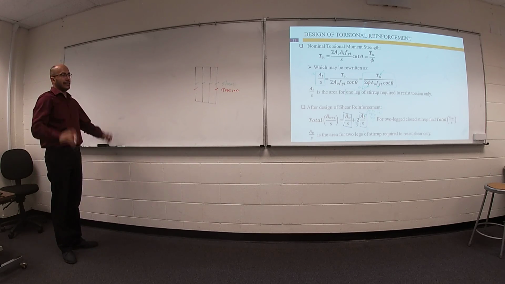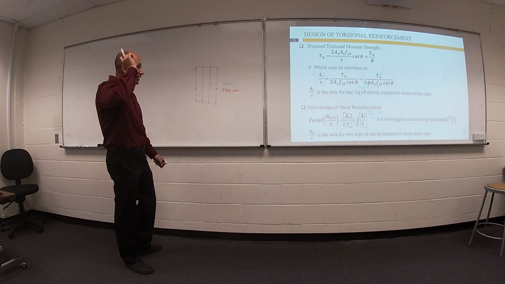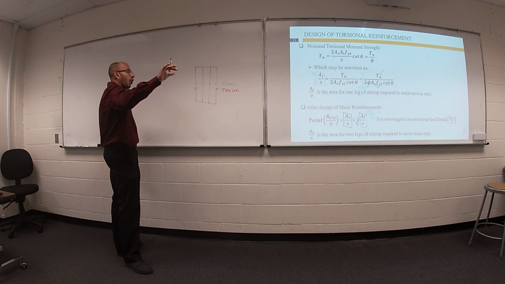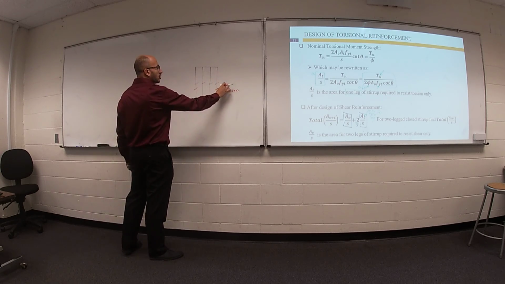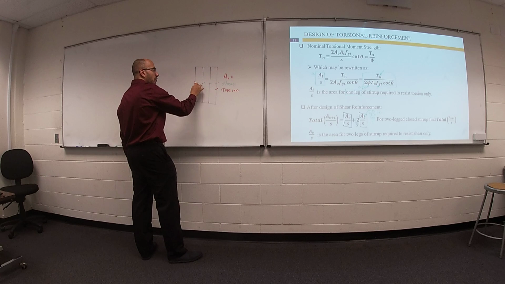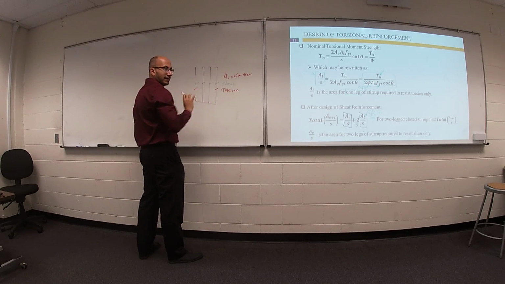The standard says this: if you have many legs for your stirrup, 5, 6, 100, all of these legs will support your shear. So area V equals 1, 2, 3, 4 times the area of one leg.